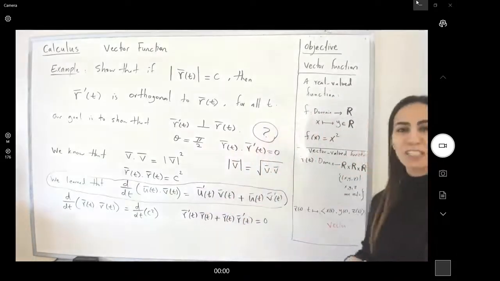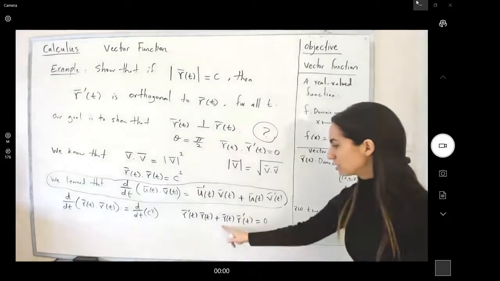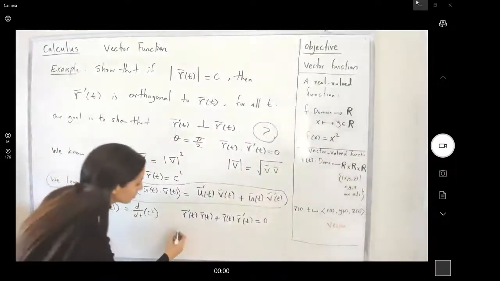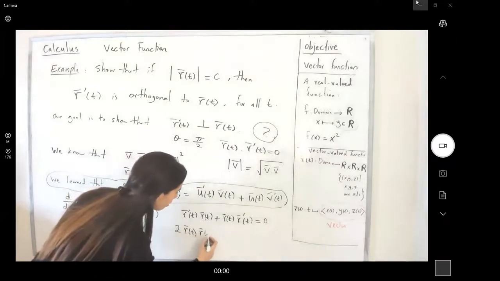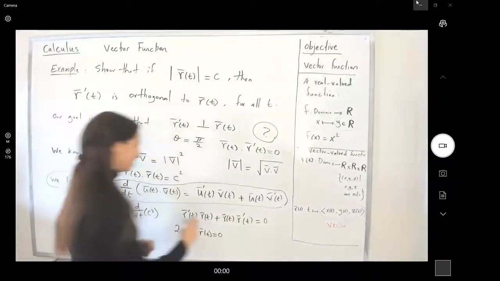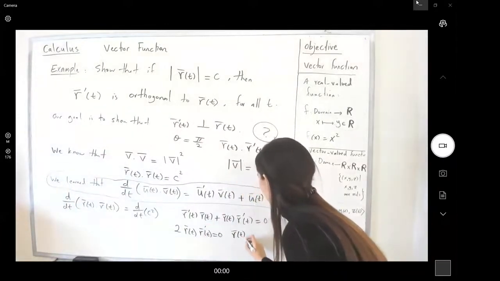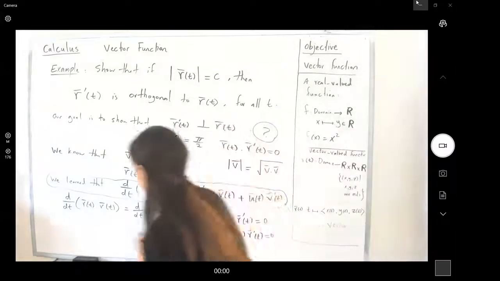The derivative of a constant is 0. Remember that here I can just change the order. This is equal to 2 times r of t dot r prime of t equal to 0. Divide both sides by 2. We get r of t dot r prime of t equal to 0.